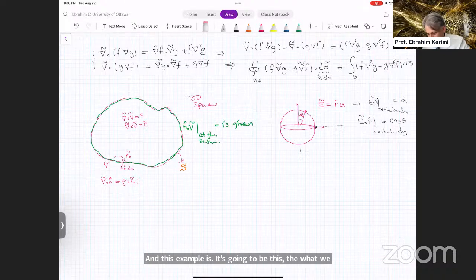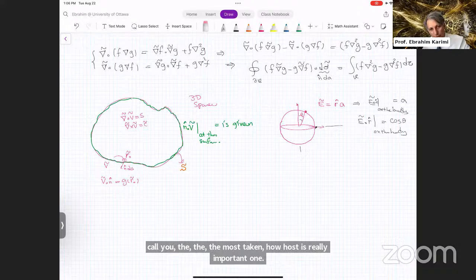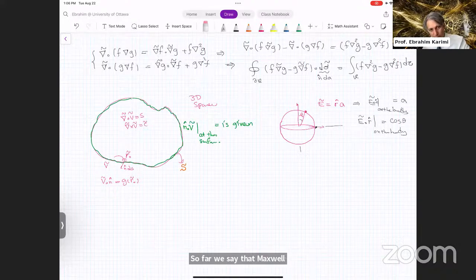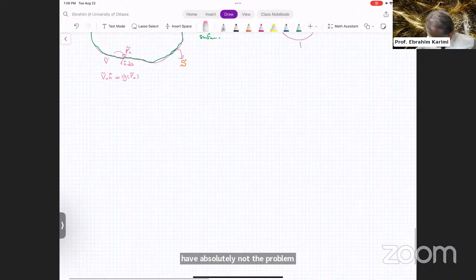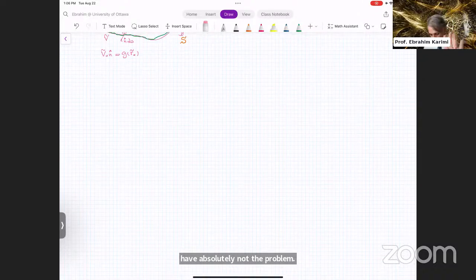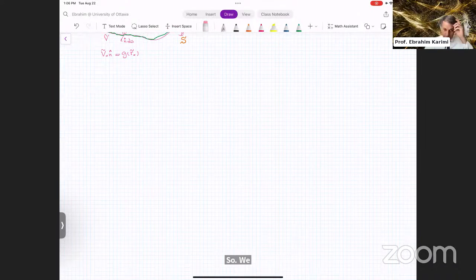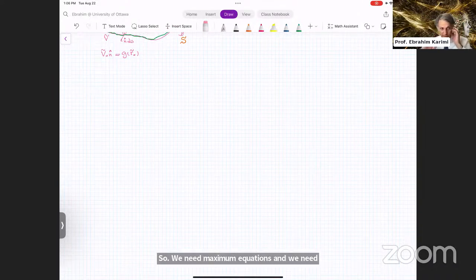So far, we say that if you have Maxwell equations with a proper boundary condition, then we can easily say that this function is uniquely defined. So we need Maxwell equations and boundary conditions. Then we are perfectly fine.